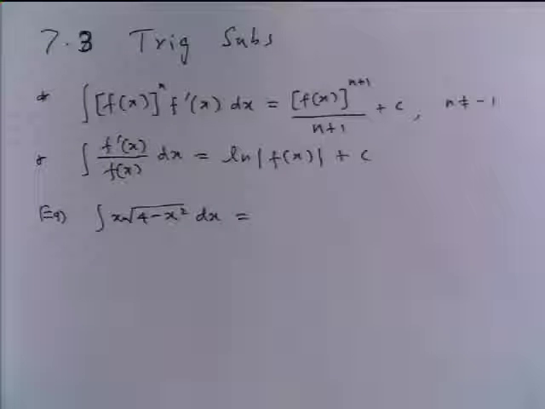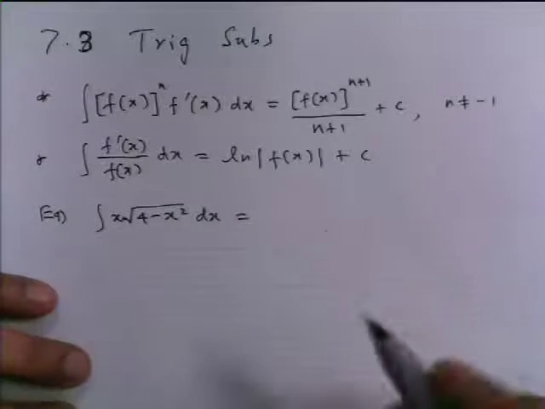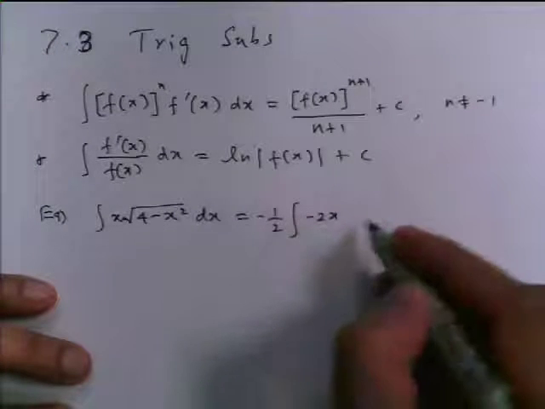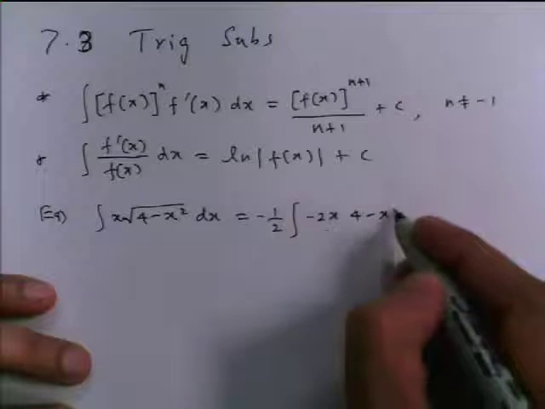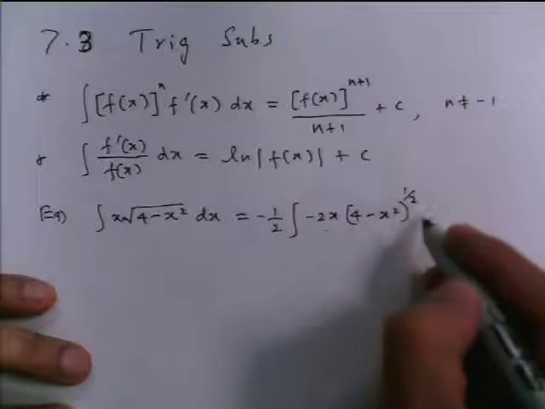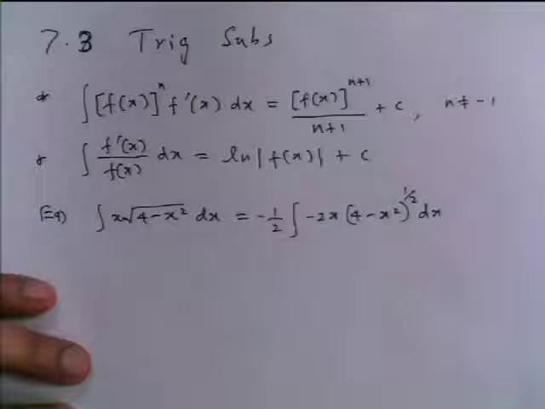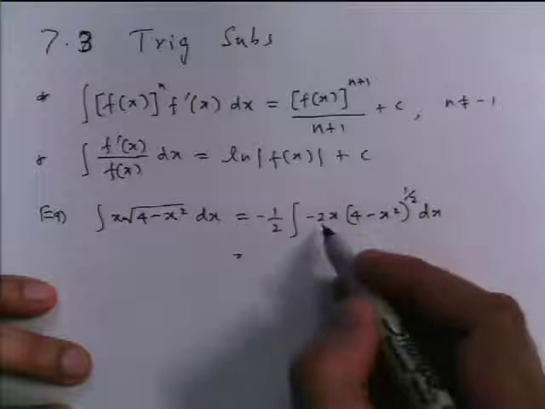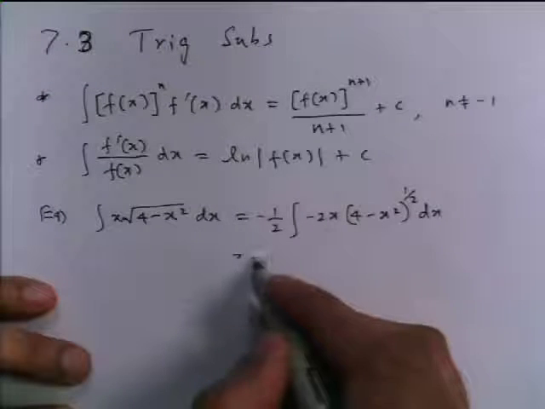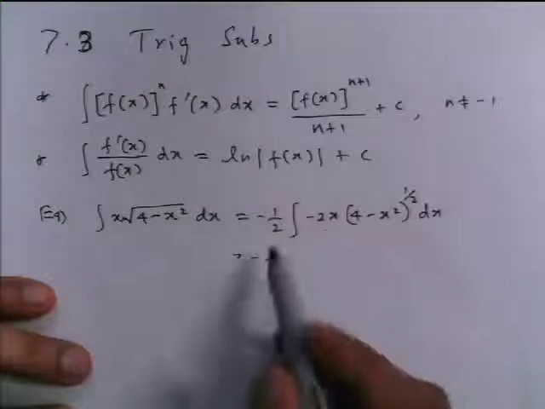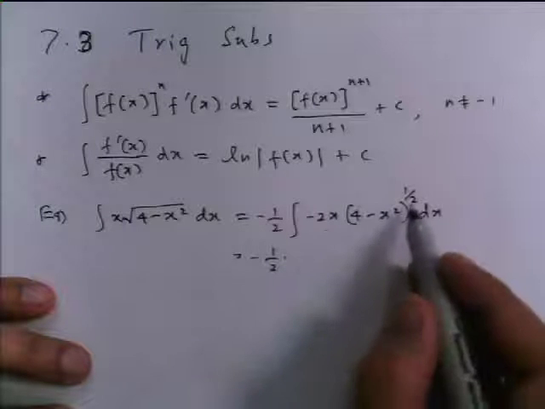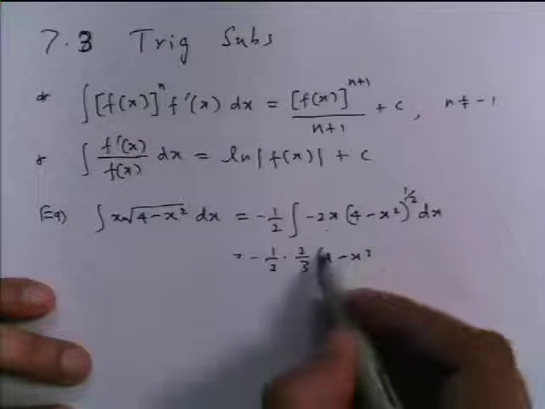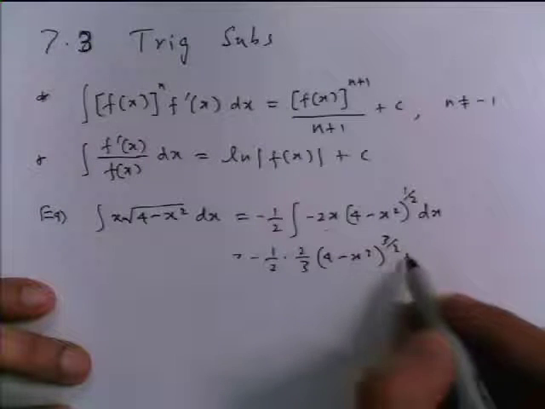So we are missing negative 2, which we can easily handle. So you have the function and the derivative, and you can use the power rule. The answer is negative 1/2 on the outside, and then with the 1/2 power it becomes 2/3, so 4 minus x squared to the 3/2, plus c.